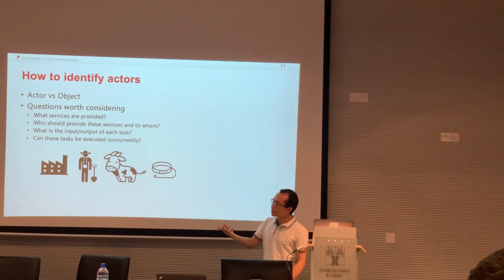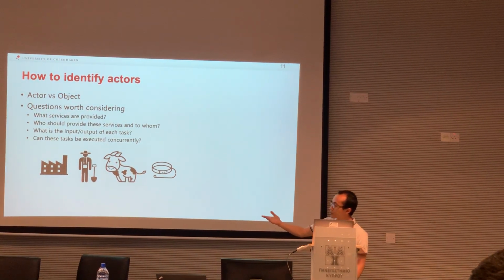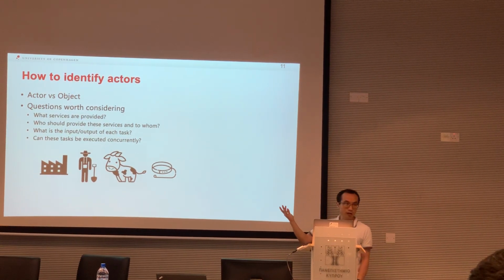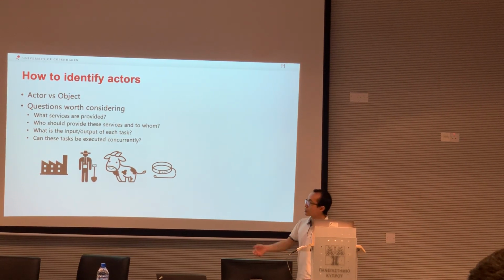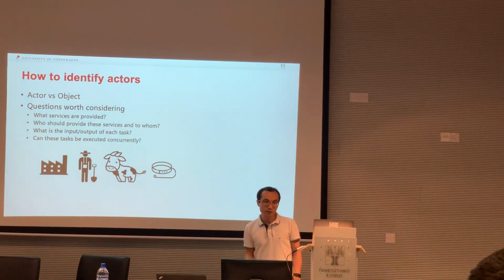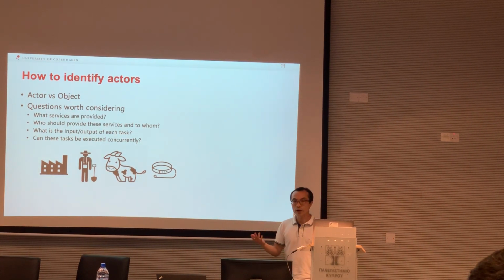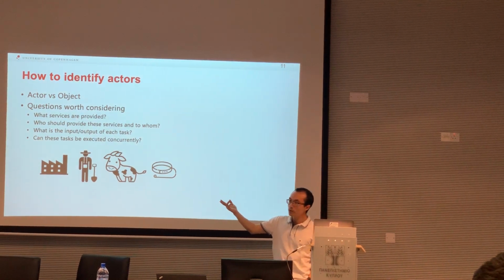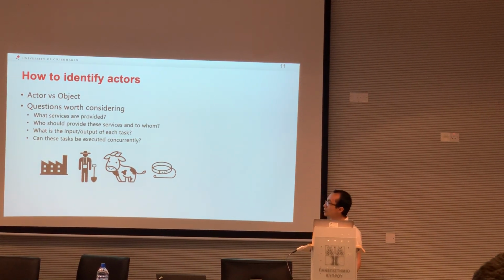And this service should be provided to the slaughterhouse, maybe, because the slaughterhouse wants to trace back where this cow is from. And also, the farmer is interested in this service because the farmer wants to know where this cow is. So this service is provided to the farmer and also to the slaughterhouse.